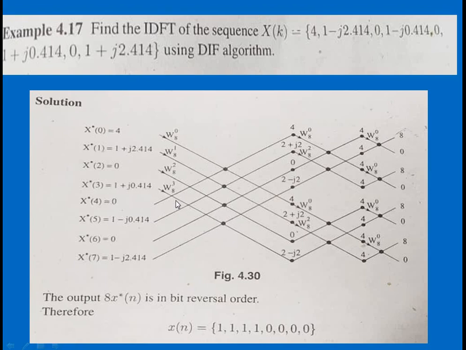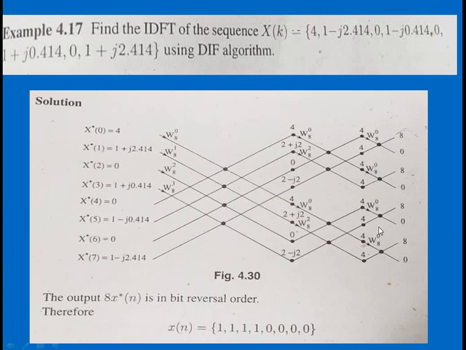So the twiddle factor sequence will be 0, 1, 2, 3. In the intermediate stage we have to write the even powers of the twiddle factor, so starting from 0 and then 2, 0, 2. And in the last stage we have only one butterfly, so 0, 0, 0, 0. So it's just the reverse of DIT.